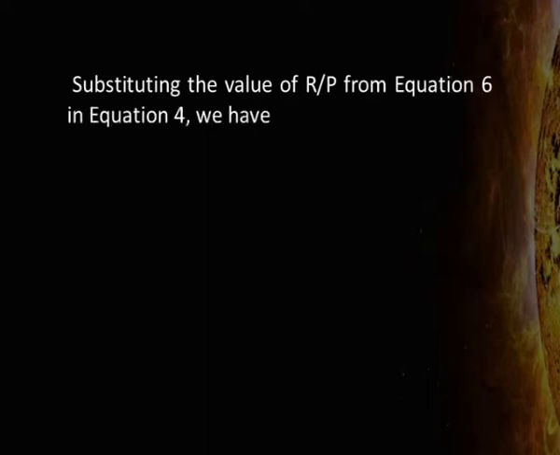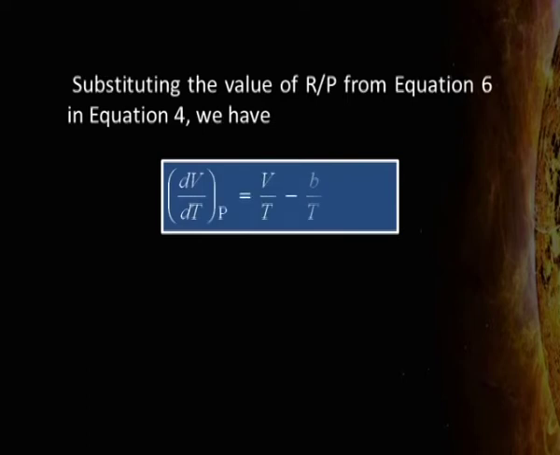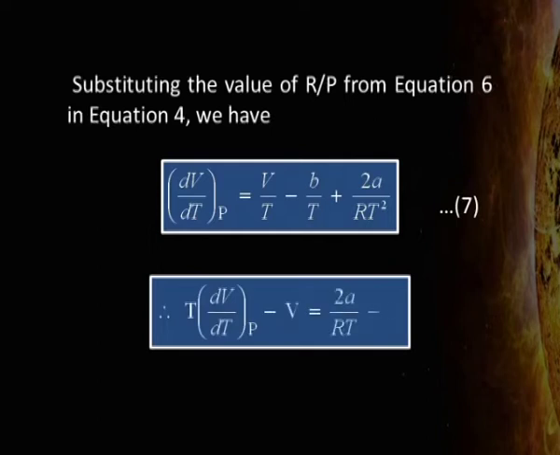Substituting the value of R upon P from equation 6 in equation 4, we have dV upon dT at constant pressure equal to V upon T minus B upon T plus 2A upon RT square. Therefore, T multiplied by dV upon dT at constant pressure minus V equal to 2A upon RT minus B.